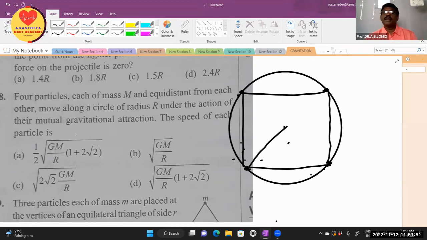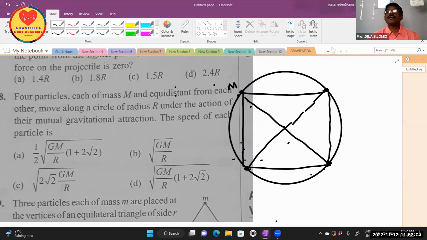Let us draw the diagonal for this. The mass of each particle is capital M. The speed of each particle is its linear velocity v.